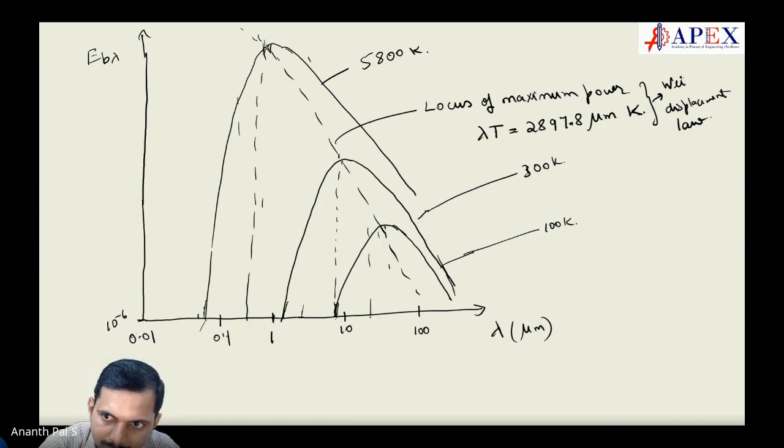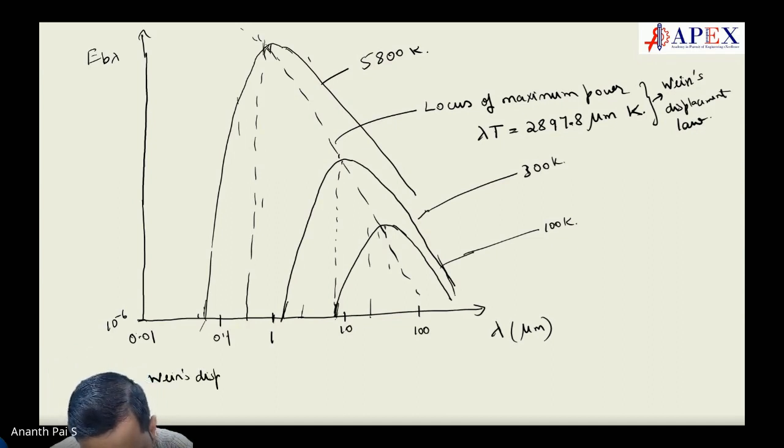Wien is a person. W-I-E-N-S, Wien's. Let us look at it. If you want, I'll write Wien's displacement law nicely.